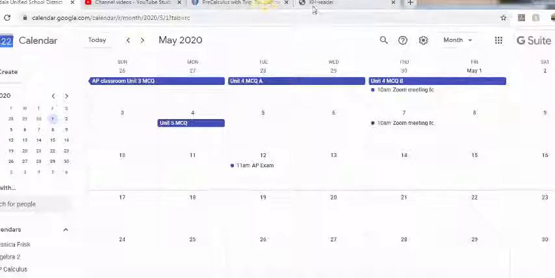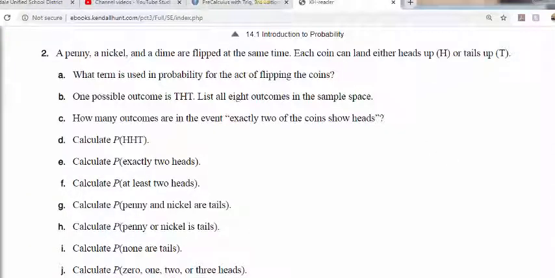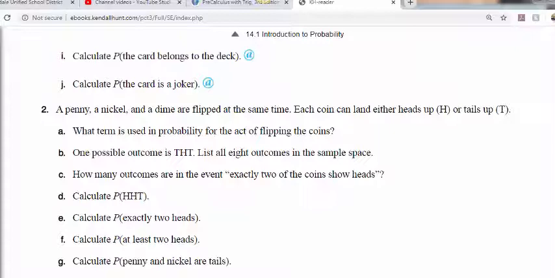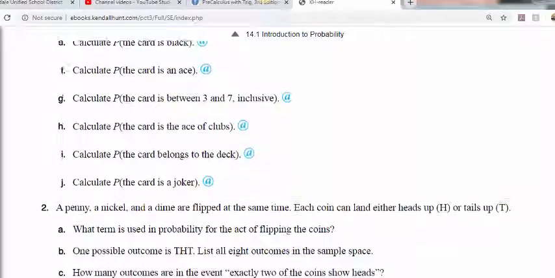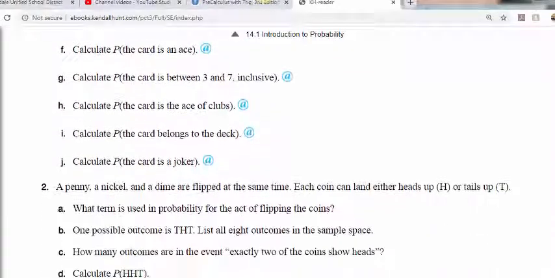Okay, and then I'm going to do one problem with you from your text. I'm going to do number 2. Let's see what page that is. Page 707, in 14-2.